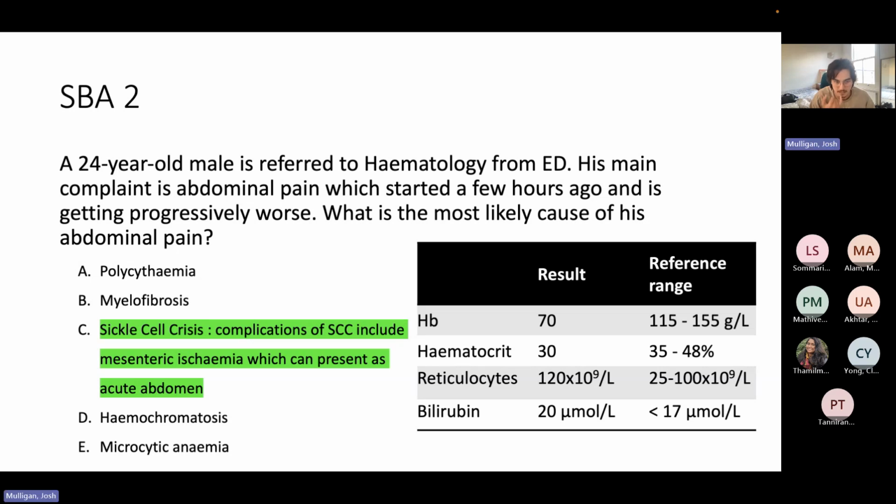Cool. Okay. In terms of hemochromatosis, yeah, I'm not sure, to be honest. I think it says here high red blood cell production. I'm not sure what that means, to be honest. And yeah, so the last one, microcytic anemia.